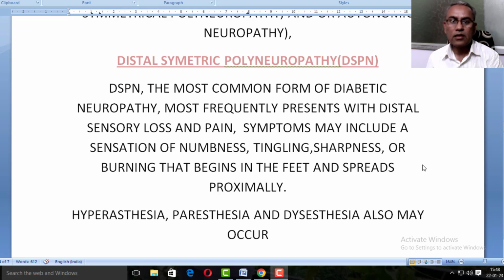Paresthesia, abnormal or unpleasant feeling when you put pressure on the affected nerve areas. And dysesthesia, which means abnormal or unpleasant sensation when you touch the affected nerve root area, also may occur.